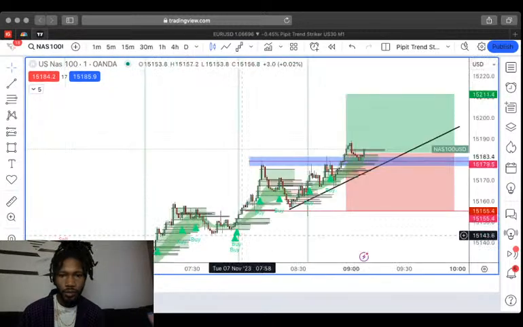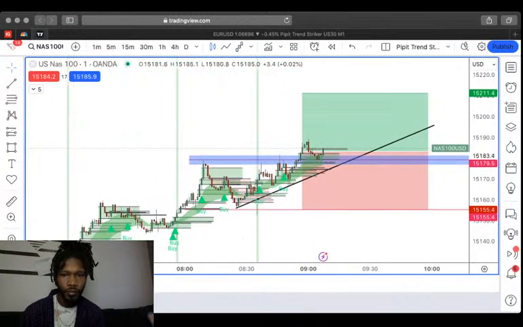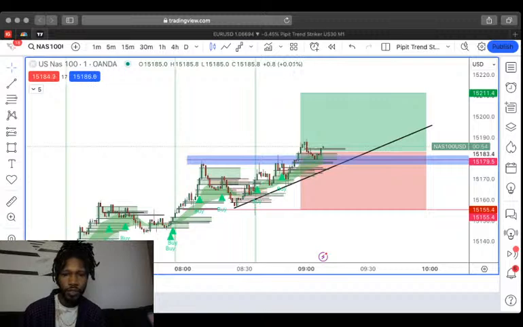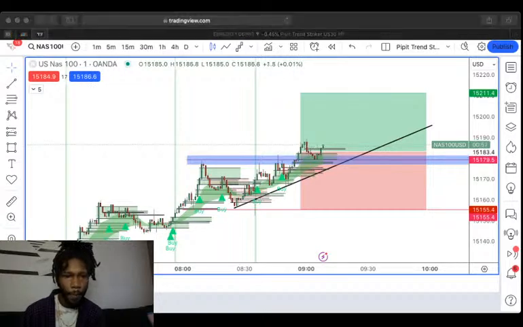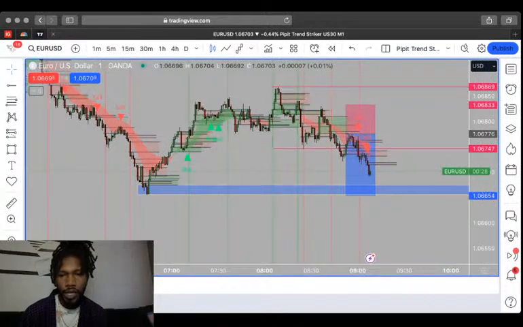All right, so we do have NASDAQ back in profit and holding that trend line. Let's see. All right, that's looking good. Let's take a look at EU. Nice.